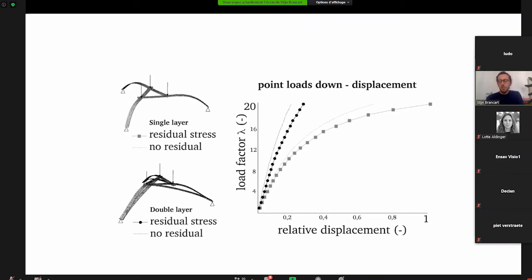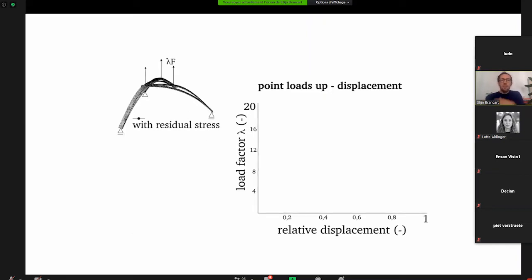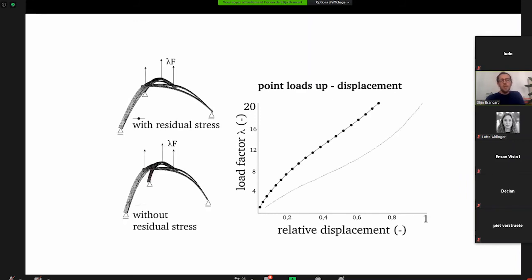So it's not always positive, like in tensile structures, because in this case we create some compression. But then if we load the structure in a different way, if instead of pushing on it we start pulling the system, then we see a whole different scenario, where the residual stresses have a bigger impact, even in a positive way.